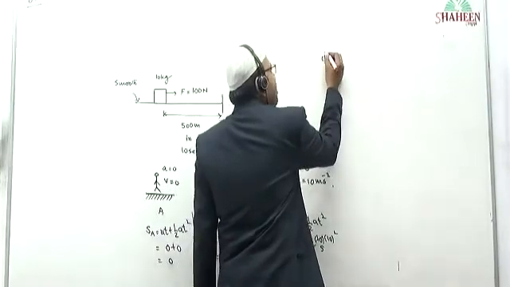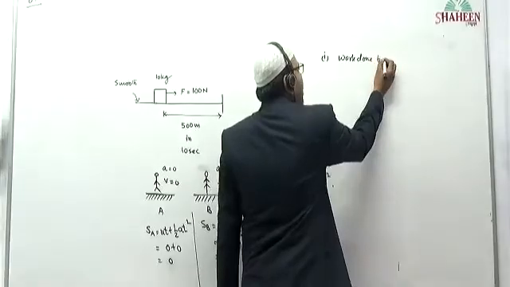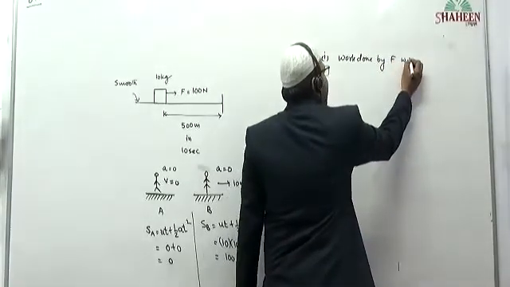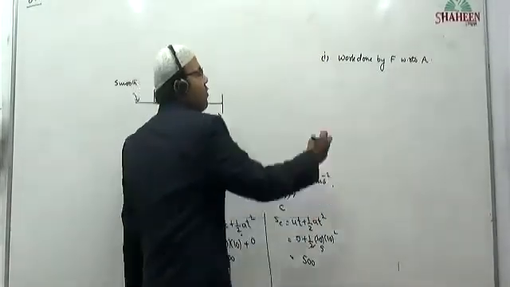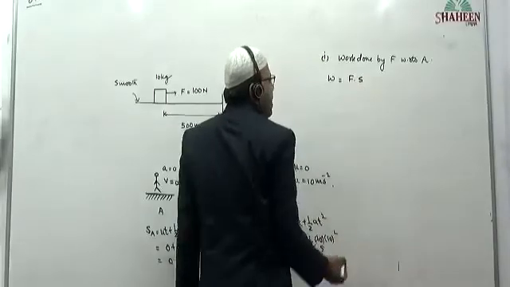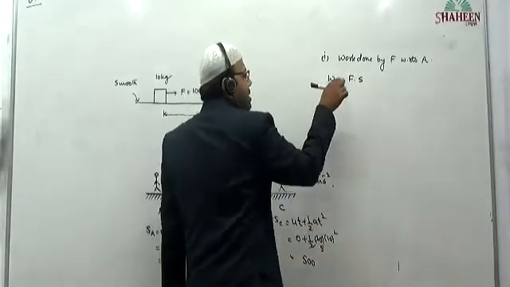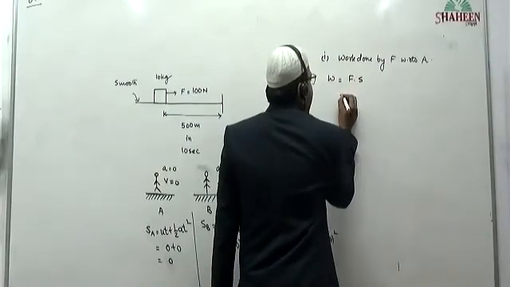The first part, work done by F with respect to A. With respect to A. So what is the formula for work done? Work done is equal to force into displacement. We will write displacement, but this displacement is with respect to A. Okay, so we will pay a little attention here.